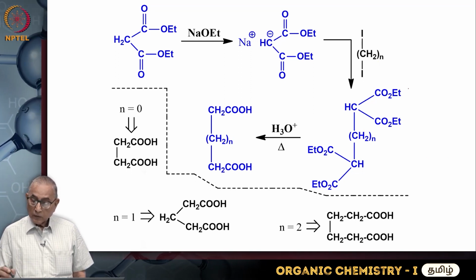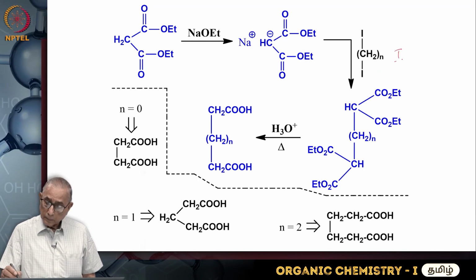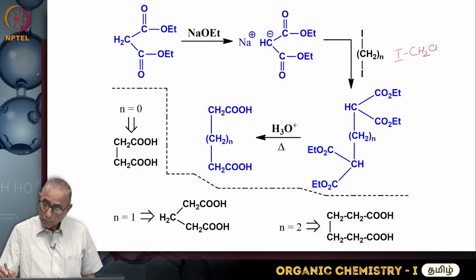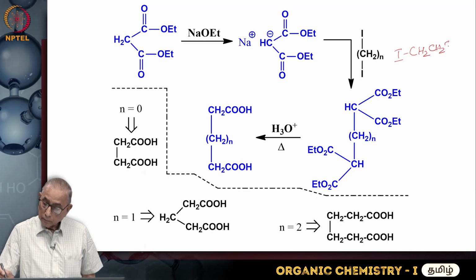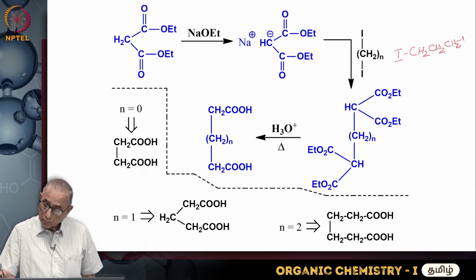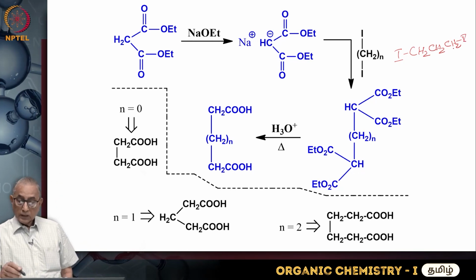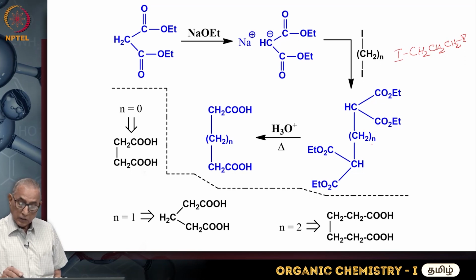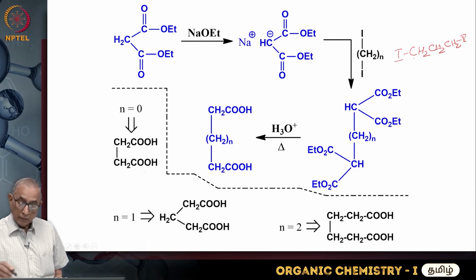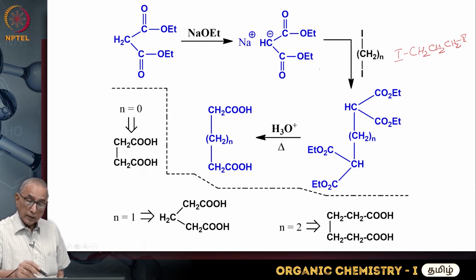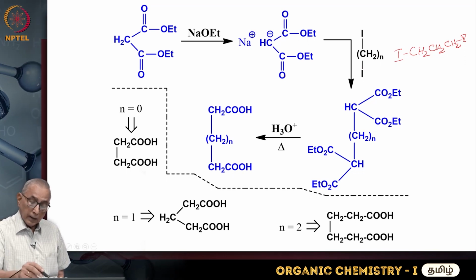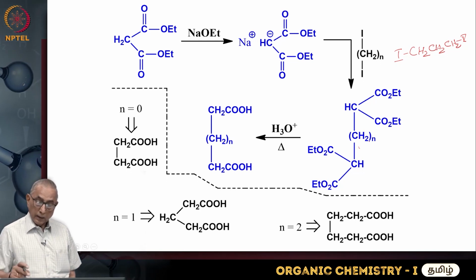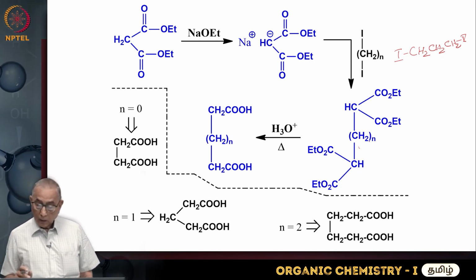Just to give an example, this can react; in this case it will produce 3 CH2 units. One malonate replaces one of the iodines, the other molecule replaces the other iodine. You get a coupling of the 2 malonates with this diiodoalkane.